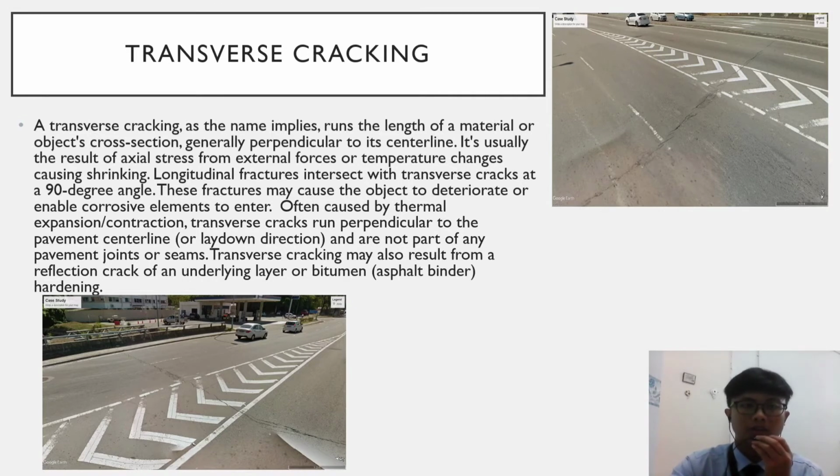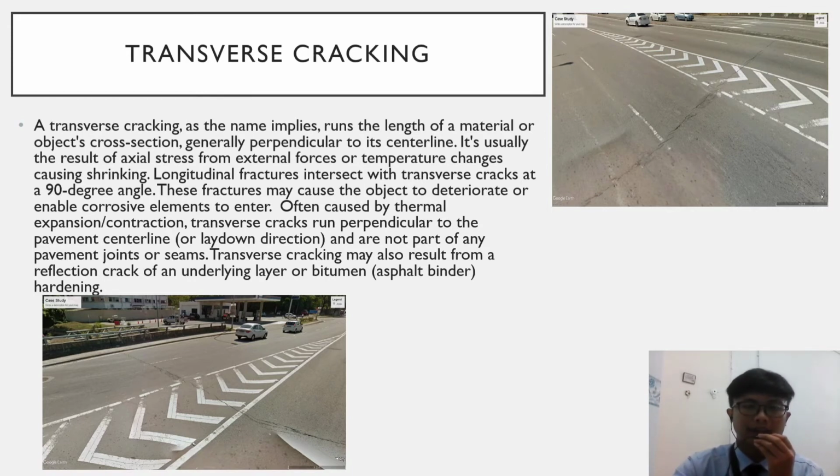So it is usually the result of axial stress from external forces or temperature changes caused by shrinking. So longitudinal fractures intersect with transverse cracks at a 90-degree angle, and these fractures may cause the object to deteriorate or enable corrosive elements to enter.